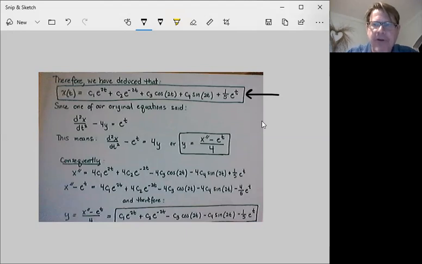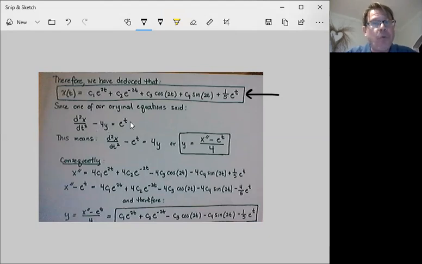That's all the complementary function, plus 1/5 e to the t, which is the piece that we need to satisfy the non-homogeneity of the original equation. We know what x is. And that means we're halfway there because remember, our original goal was to find two functions, x and y, that were both functions of t.